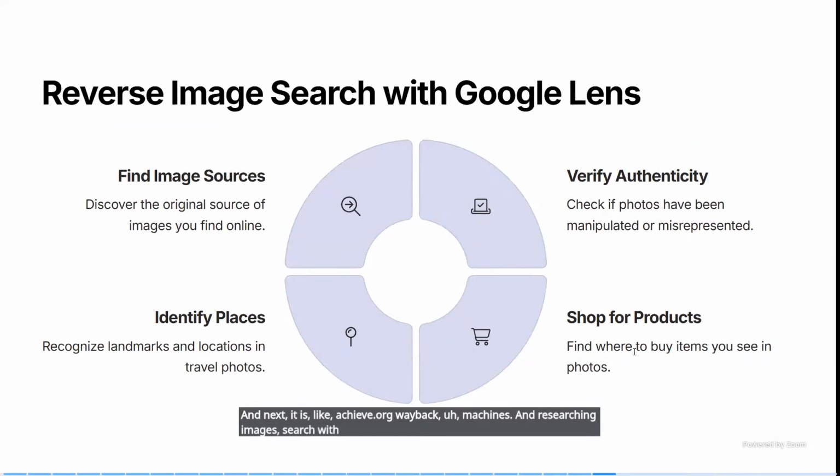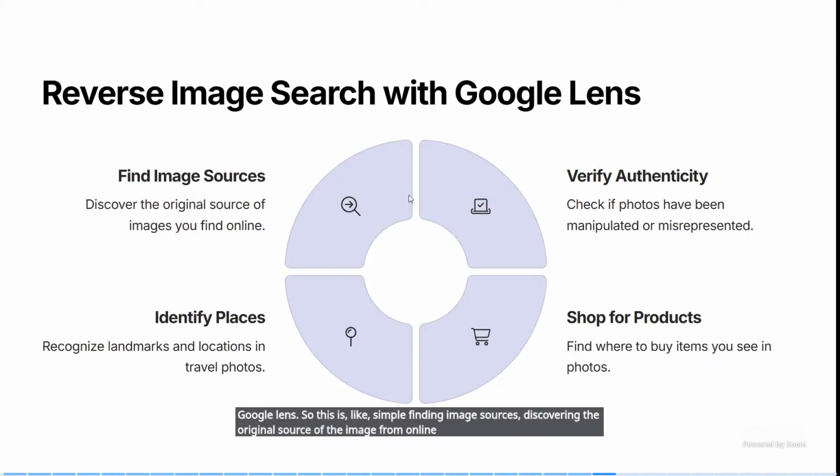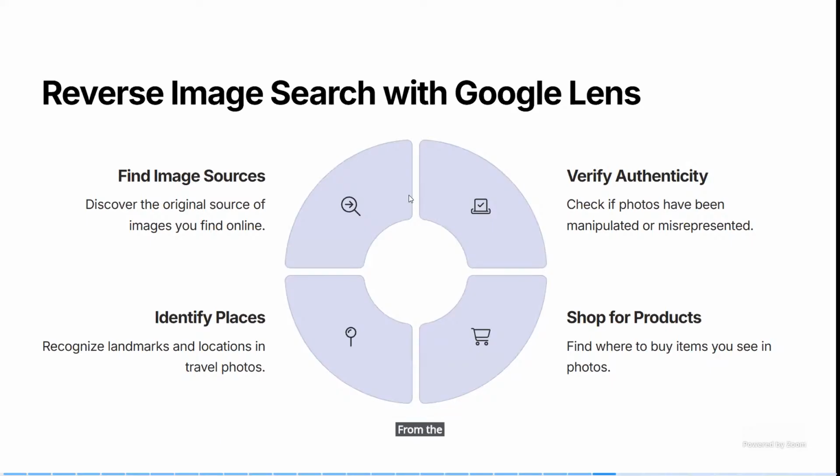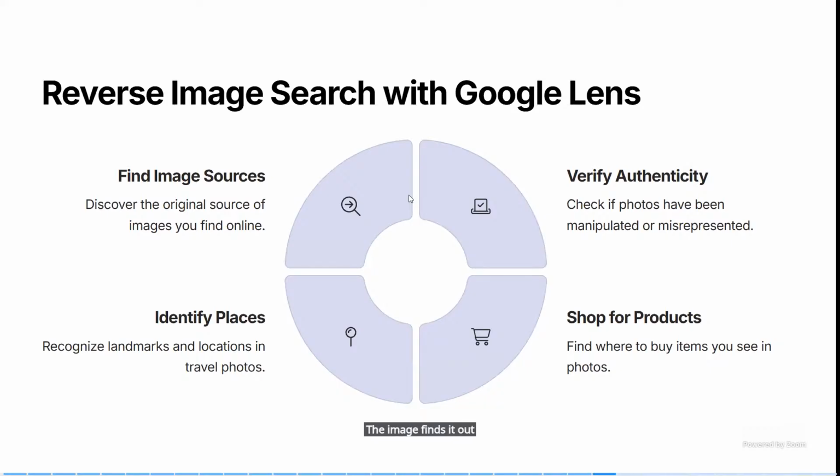For example, let's dive into this part. Reverse image search in Google Lens. This is simply finding image sources, discovering the original source of an image online. For example, you found an image somewhere, but you don't know what the image is saying, or it is not clear enough to understand what the text is.